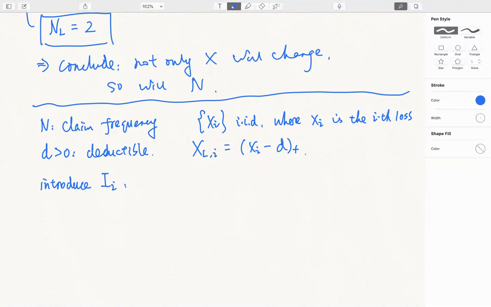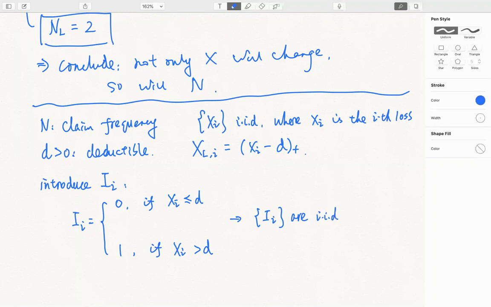Let me give the definition, and you will see the meaning once I write it down. I_i is 0 if Xi is less than or equal to D. I assign 1 if Xi is greater than D. Because all the Xi's are IID, I immediately see that the sequence of these I's are also IID.